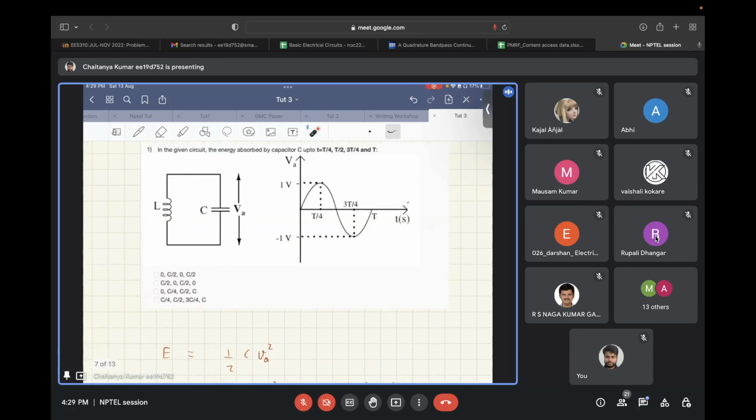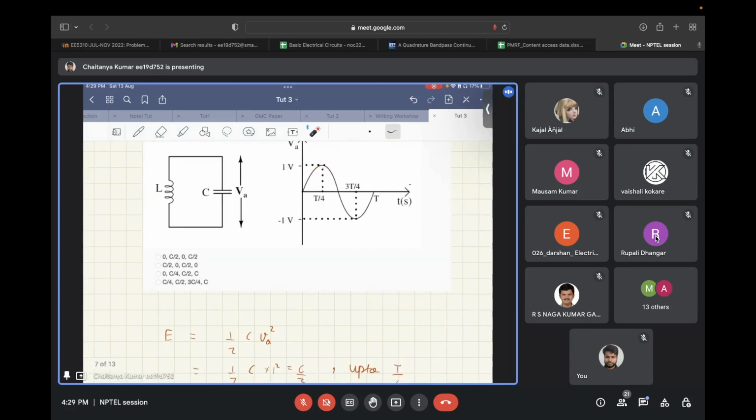Now, what is happening is that till this time, the capacitor is being charged and it is storing the energy, and after that the capacitor starts to discharge.